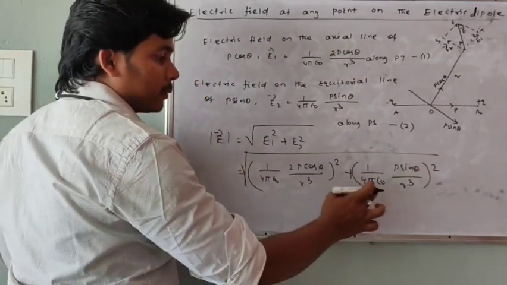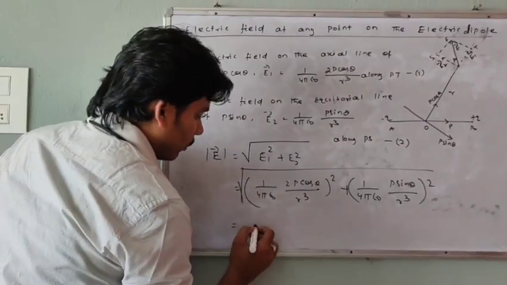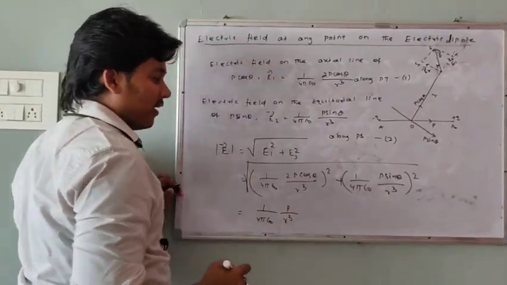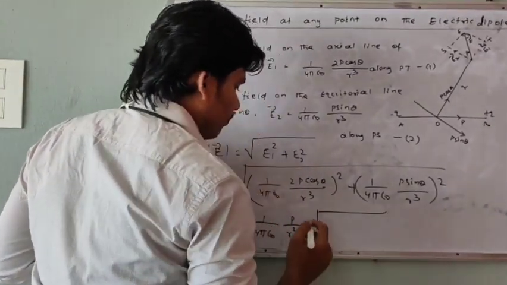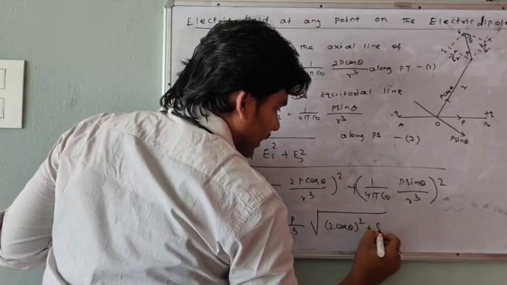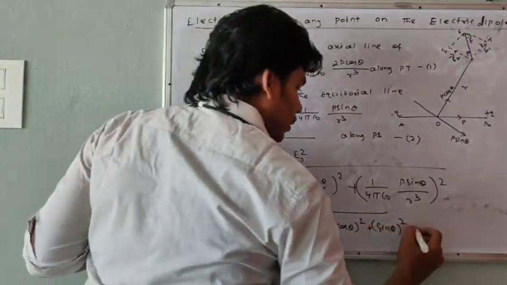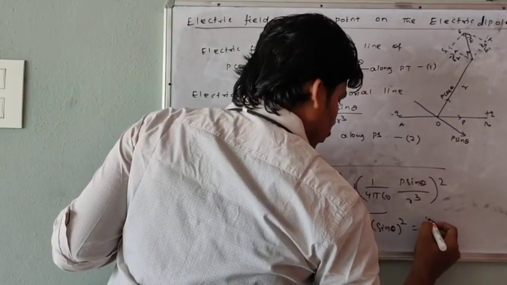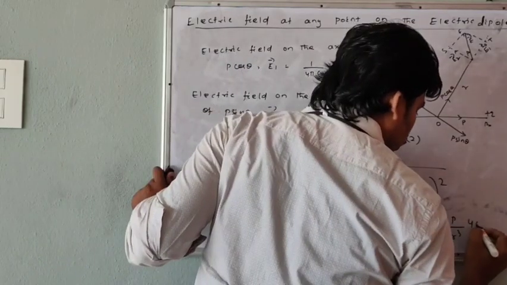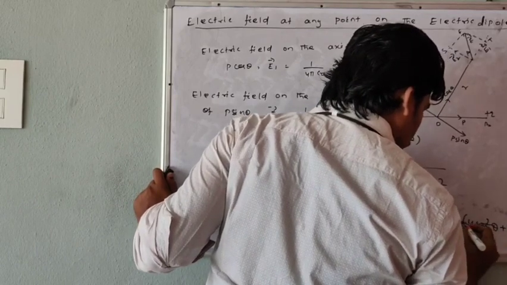Here 1 by 4 pi epsilon naught and P by r cube are common. So this will be 1 by 4 pi epsilon naught P by r cube, and the remaining value will be the root of (2 cos theta) squared plus sin squared theta, that is root over 4 cos squared theta plus sin squared theta.